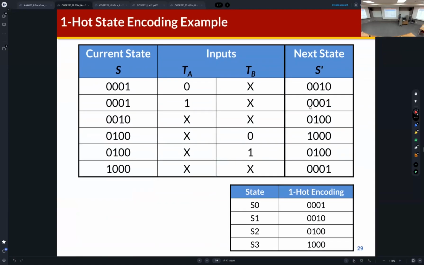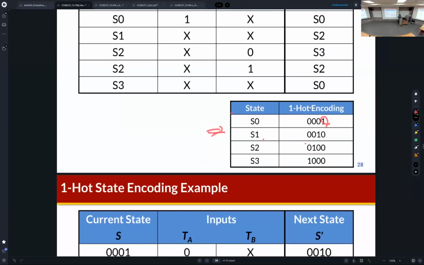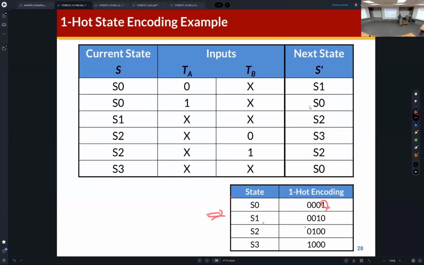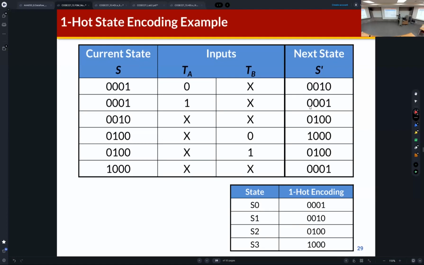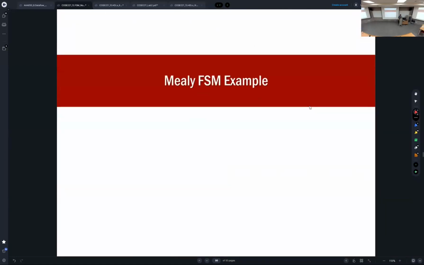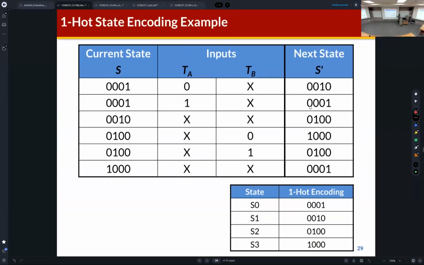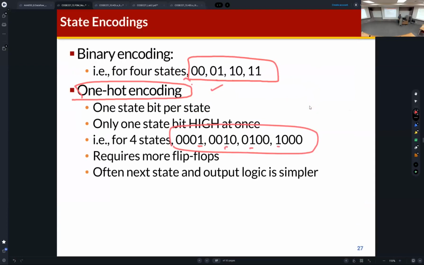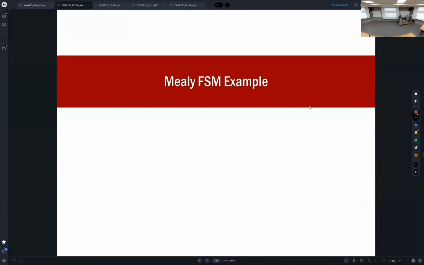So we can just change the current state and next state using the one-hot encoding rule, and that's it. These are different states, and we apply our own encoding rules to represent them, but usually we apply binary encoding or one-hot encoding. Okay, and then let's see the example of a Mealy FSM.